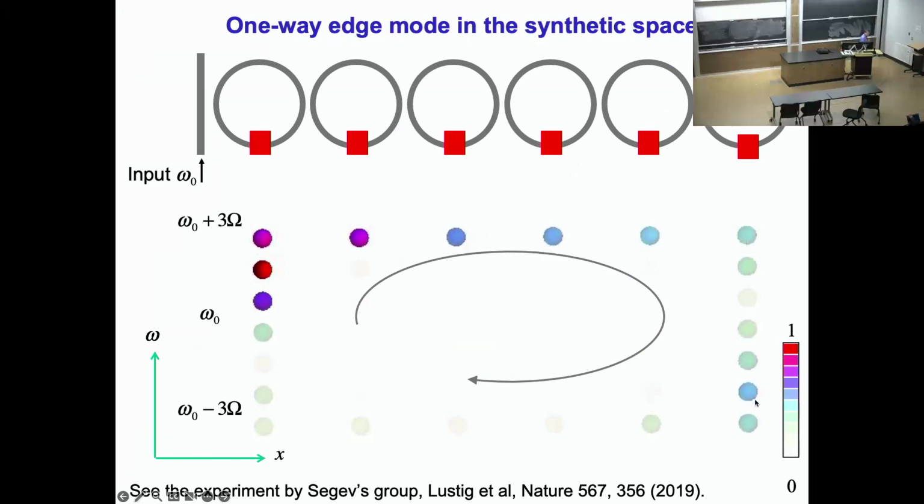In a picture, this looks very much like a standard one-way edge mode, but the interesting part is that part of the dynamics occur in the frequency space. So that's maybe a bit of theoretical background.